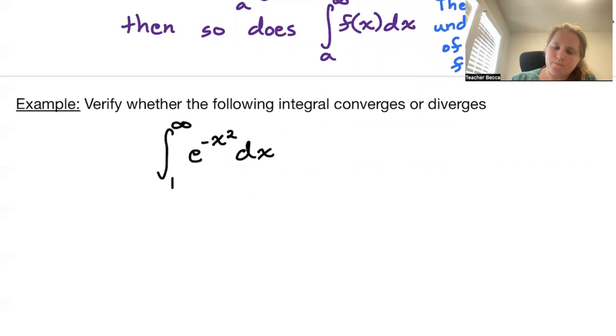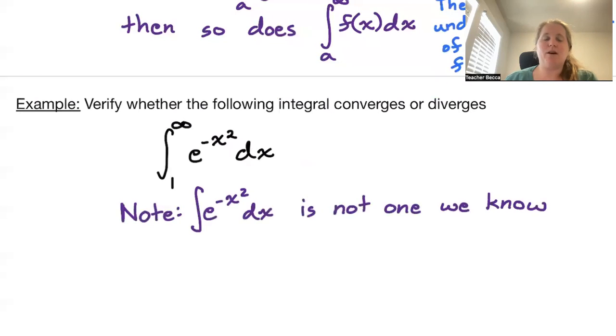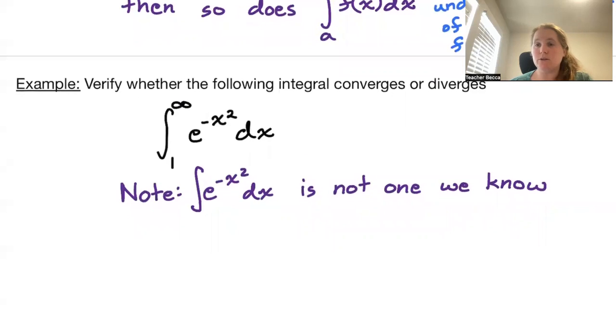So note that e to the negative x squared, or the integral of e to the negative x squared, is not one we know. And so it's not one that we can simply evaluate without using a computer, but we can do a test.